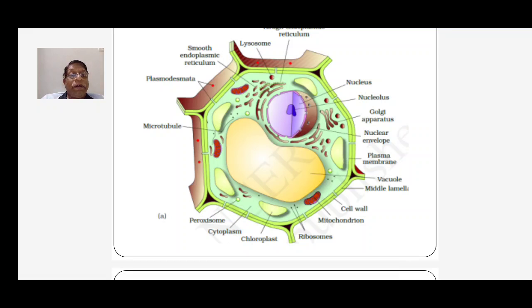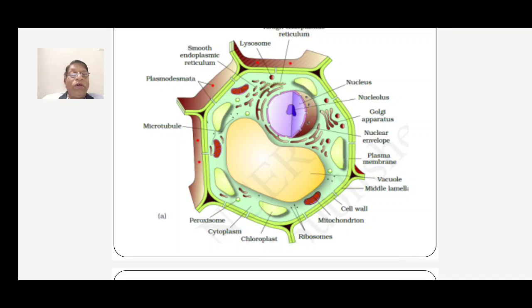The two adjacent plant cells are separated by what is known as middle lamella. Middle lamella is also there.